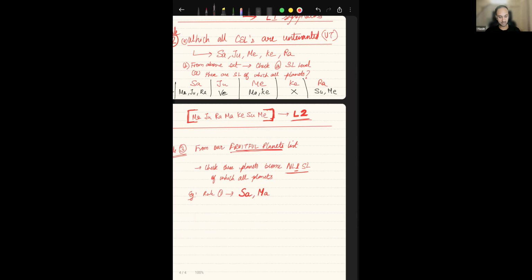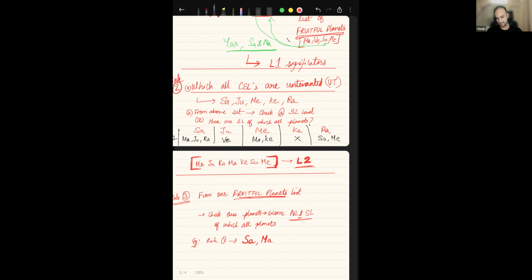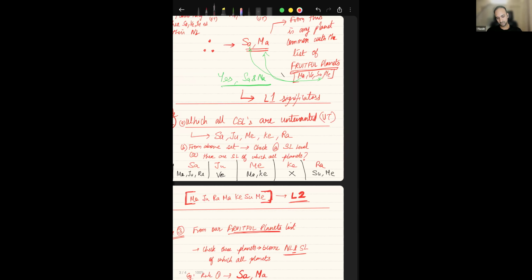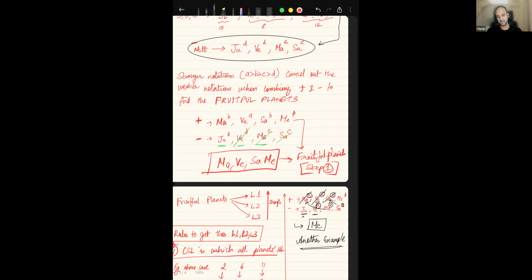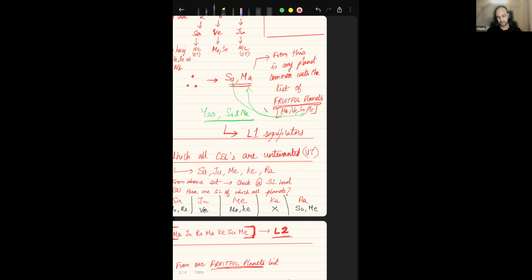Check these planets. Somehow the sentence formation hasn't come properly. I think you've got the idea, or do you want me to frame it properly? So the list of fruitful planets is Mars, Venus, Saturn, and Mercury, correct?